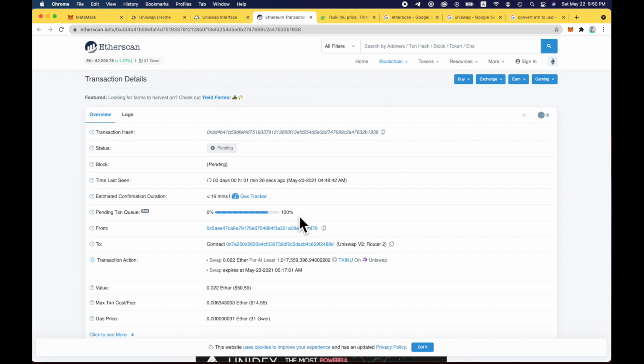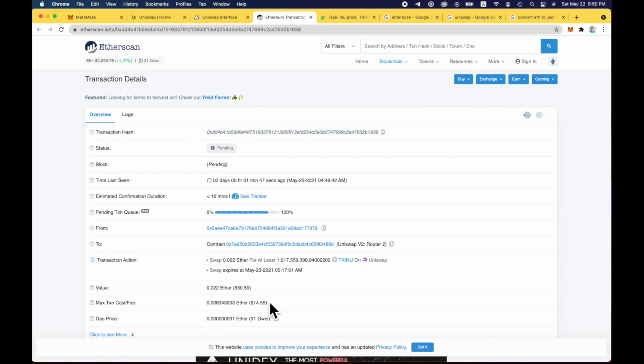And that will incentivize the miners on the network to hurry up the processing of your transaction. Or you can try to cancel it and put through another swap to see if you'll get the same gas fee, and you probably will, and if the gas fee is higher that time, it will go through.